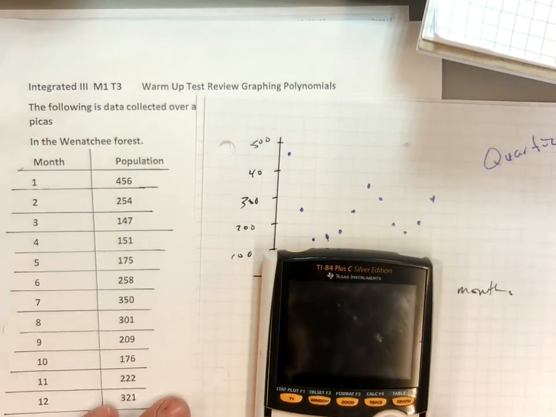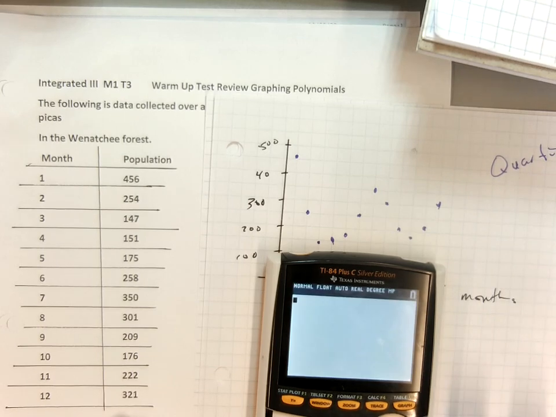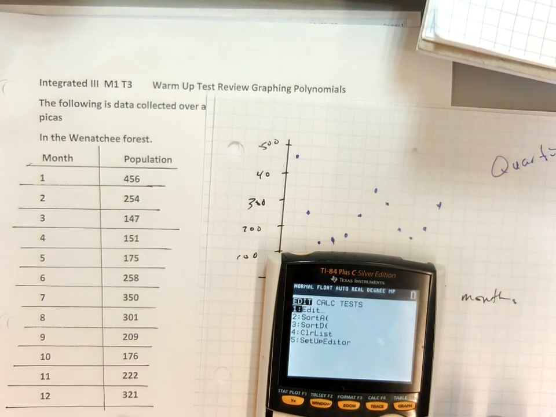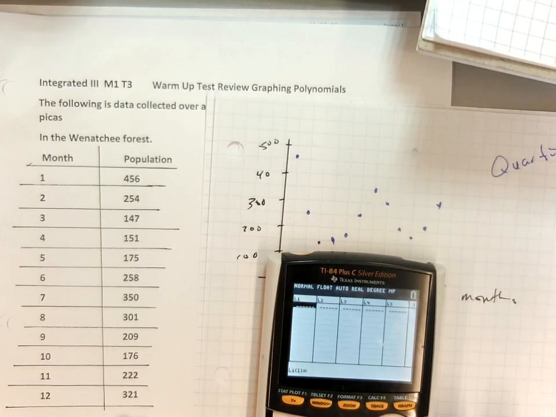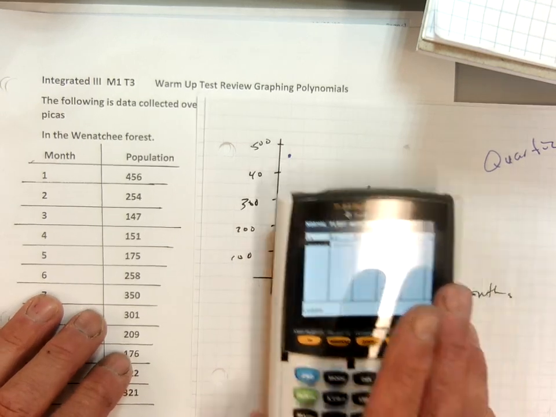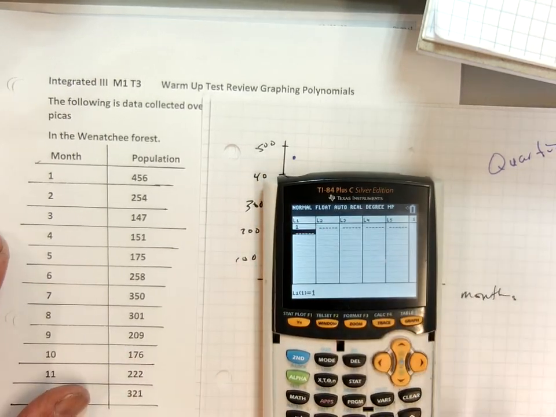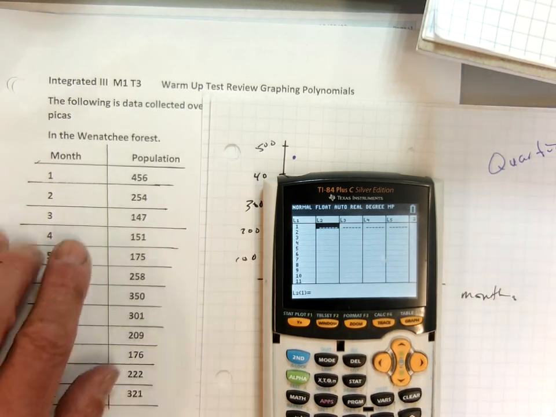Go Stat, Edit, List 1. Perfect. There we go. List 1. So I'm just going to type 1, enter, 2, 3, enter, 4, 5, 6, 7, 8, 9, 10, 11, 12. Okay. Now, hopefully I won't make a dumb mistake.